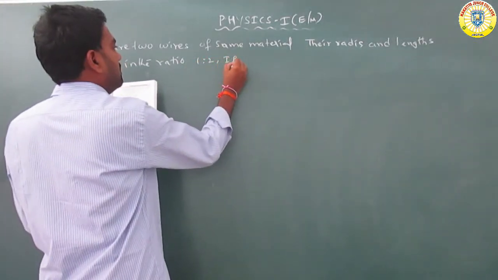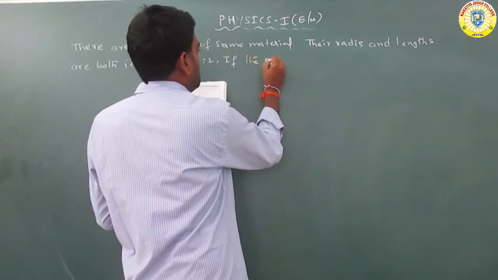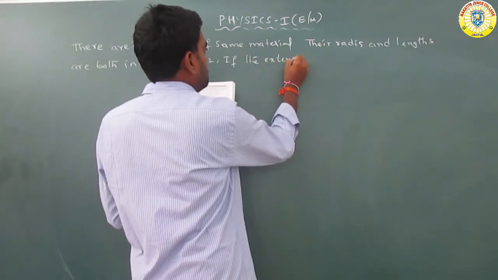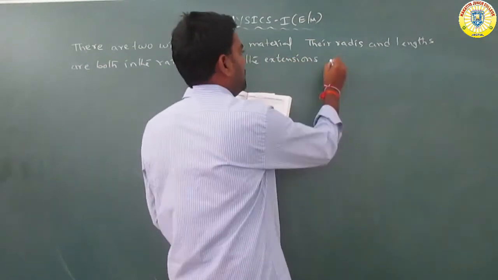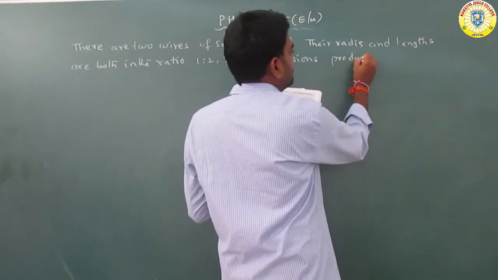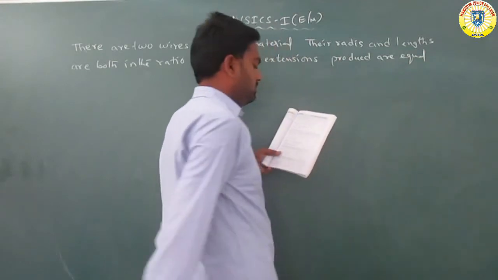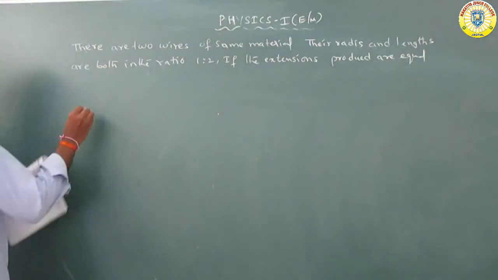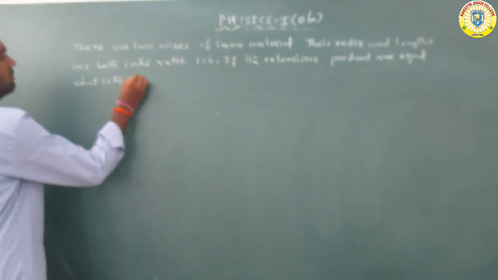If the extensions produced are equal, what is the ratio of the loads? What is the ratio of the loads? Okay.